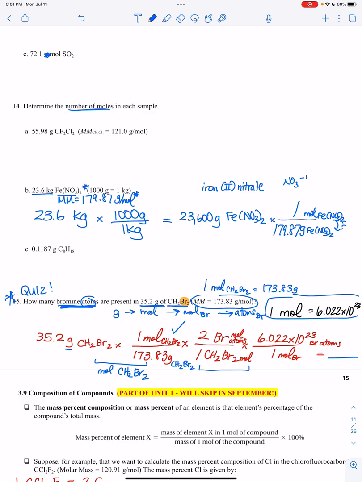We know this number is going to be larger than 1. Whew, that's a lot of moles. 131.21, I'm just rounding, moles of Fe(NO3)2. Woo, that's a lot. But we're working in kilograms, so we got thousands of grams, so I probably have hundreds of moles.